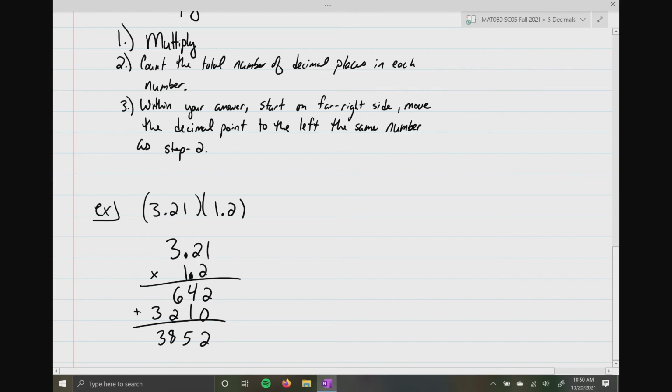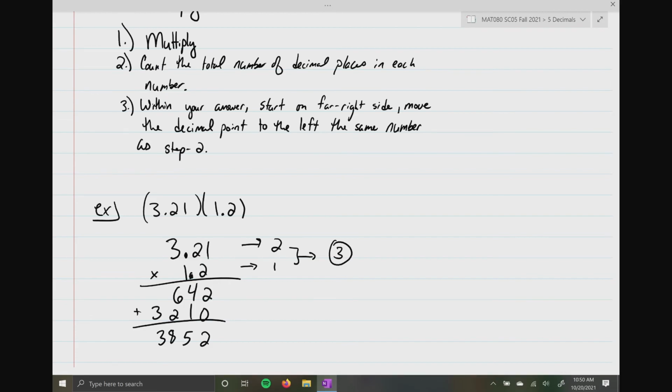It's the longest step. Step 2, we're going to count the total number of decimal places in each number. In the first number, you have 2, because that's 21 hundredths. So you have 2 decimal places. In the second number, you have 1. And when you total them up, that gives you a total of 3 decimal places. That is the same number of times you're going to need to move the decimal in step 3.